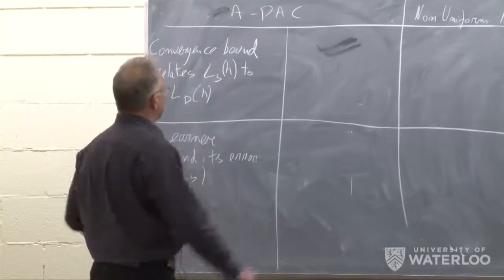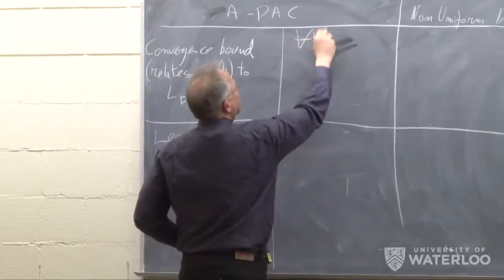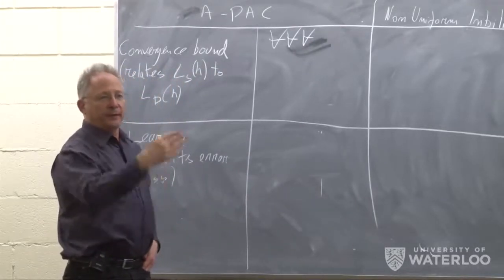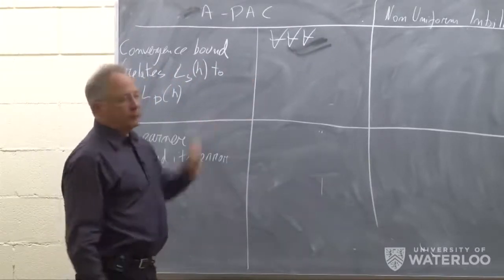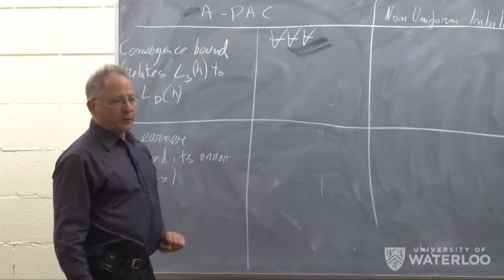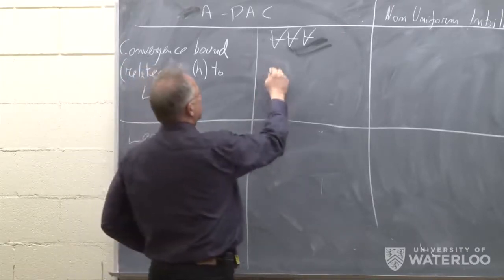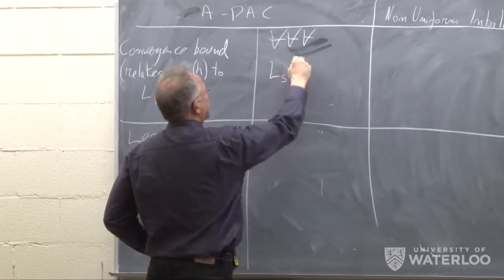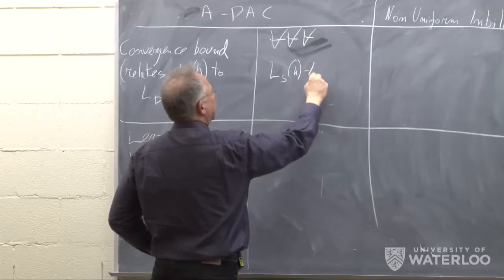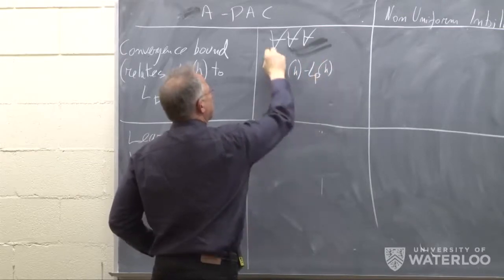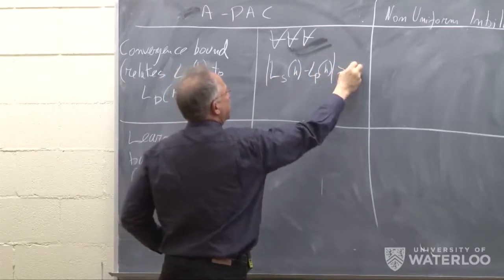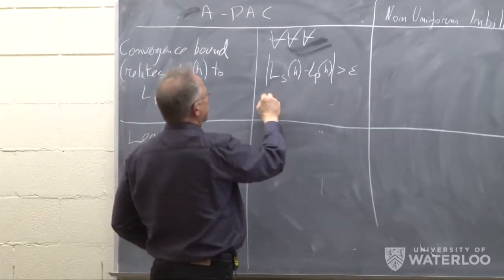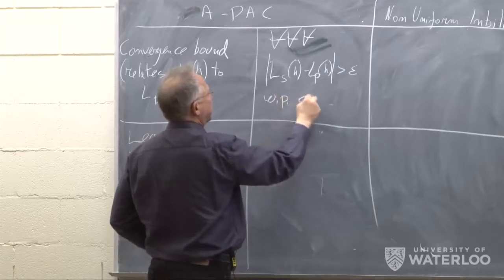Then we got a convergence result: the gap between LS of h and LP of h is greater than epsilon with probability less than delta.